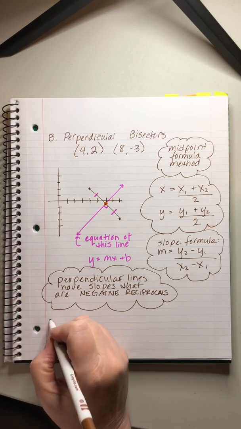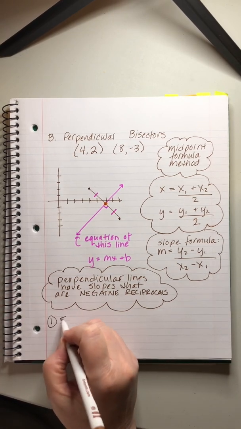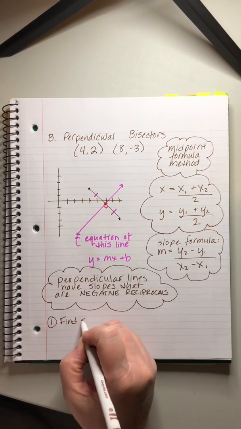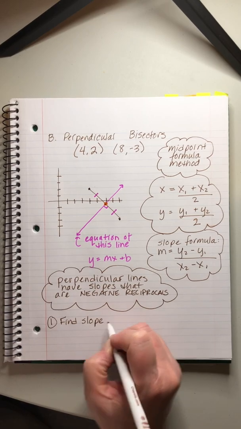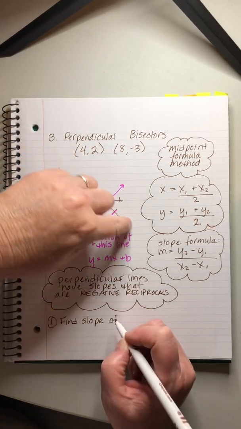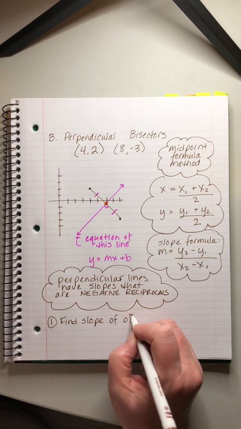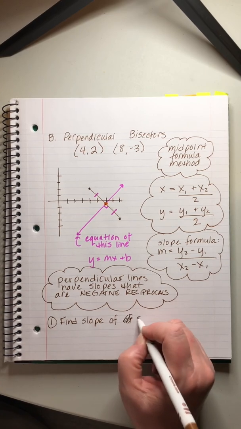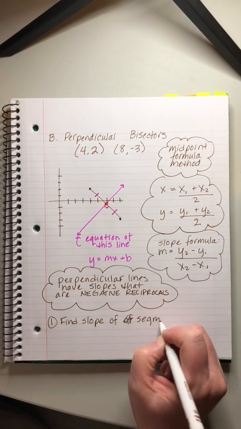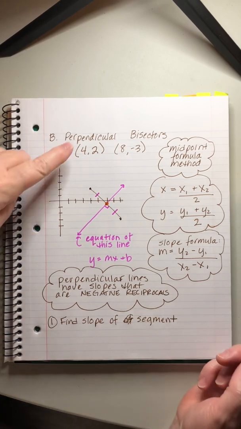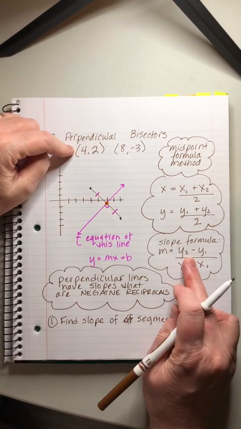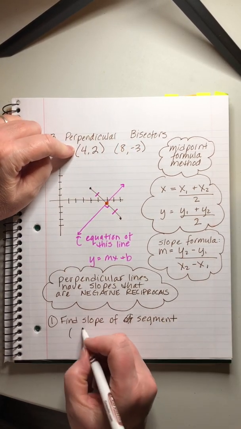So step 1, we're going to find the slope of what I'm going to call the segment. Okay, there are the 2 points. So we're going to use the formula right there.